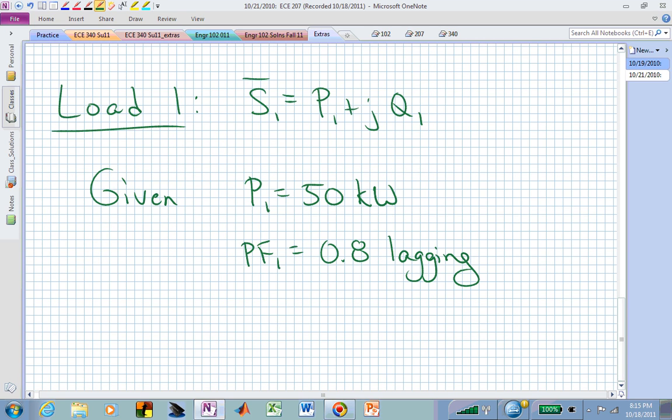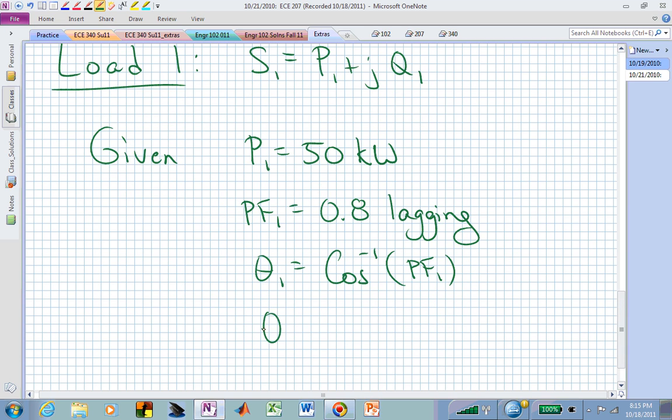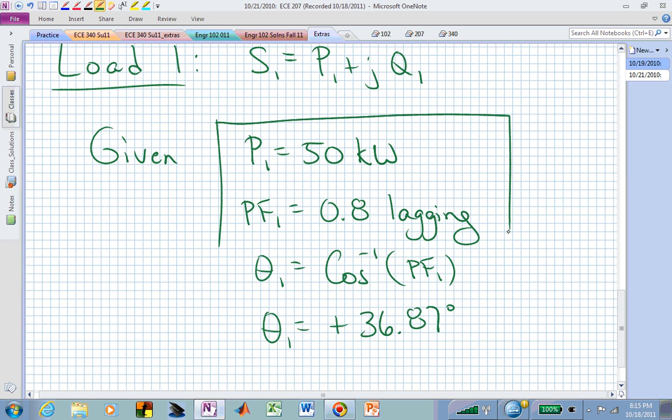That now allows us to find theta 1 by finding the inverse cosine of power factor 1. And because it's lagging, we have this positive sign, and the inverse cosine of 0.8 is 36.87 degrees. This is the given information that we were told.